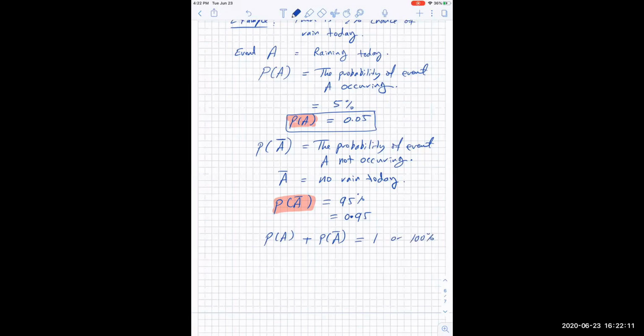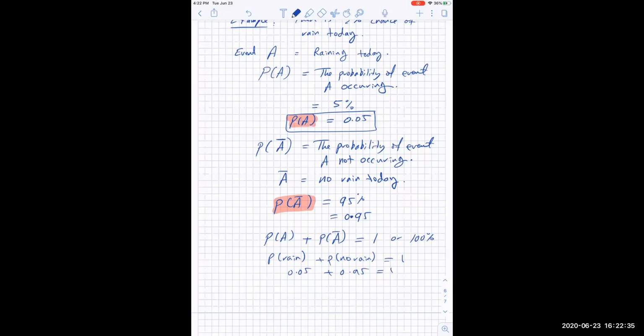So probability of rain plus the probability of no rain must be equal to 1 or 100%. 0.05 plus 0.95 is 1.